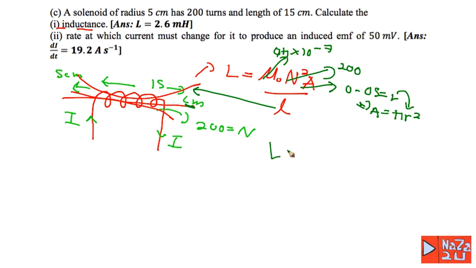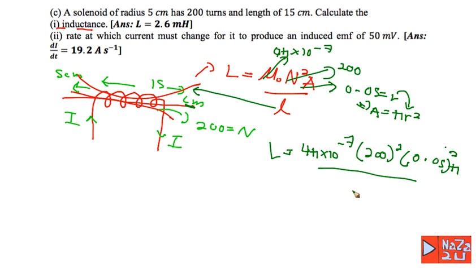So L, if you use a calculator, is equal to 4 pi times 10 to the power of minus 7, times n which is 200 squared, and A is equal to pi times 0.05 squared, right?